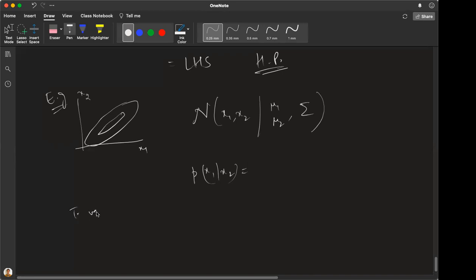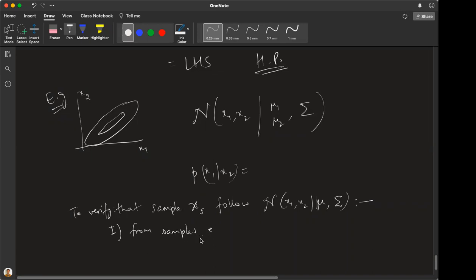So to verify that samples X follow normal x1 comma x2 given mu vector comma sigma, one procedure could be to estimate mu and sigma from samples.